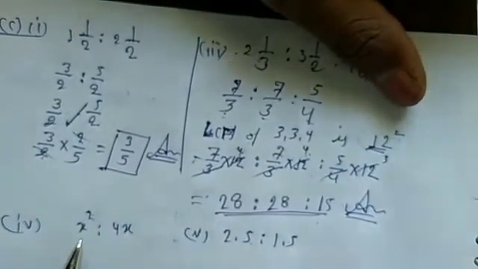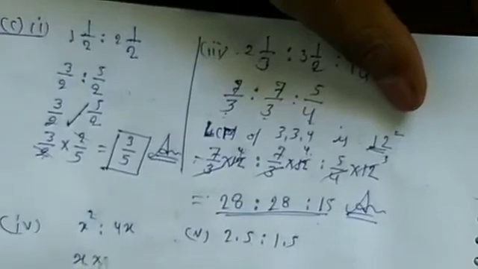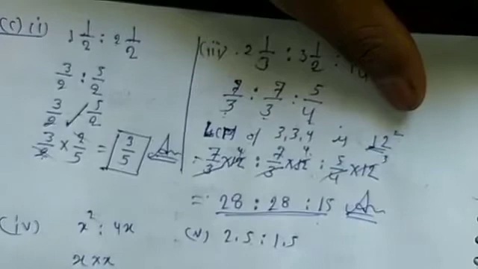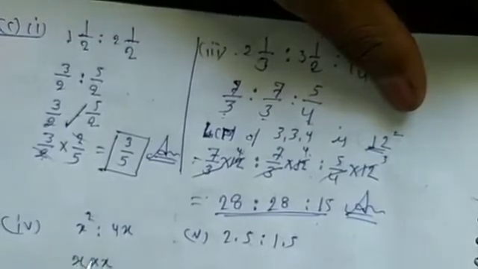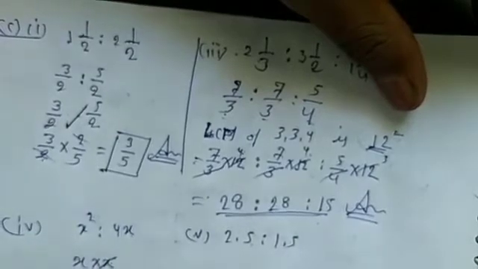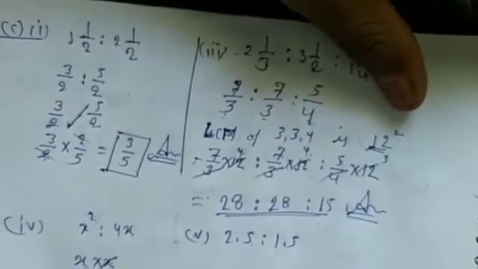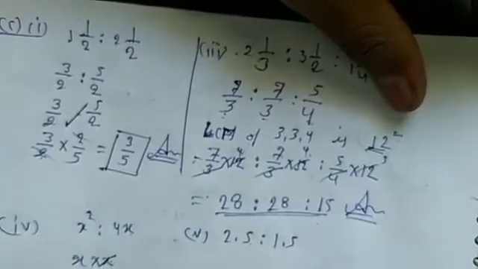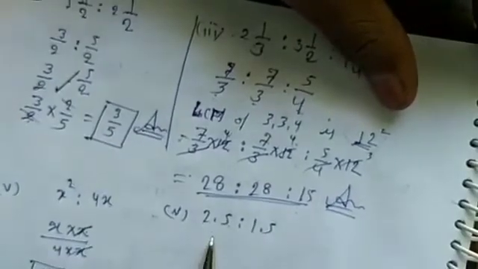X square means x is written there 2 times upon 4x, means 4 into x. Then this x will be cancelled, then x upon 4 will be the answer. Simply x upon 4, x are cancelled. This is the answer in this question.